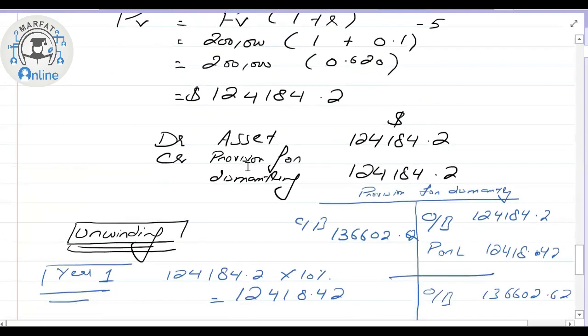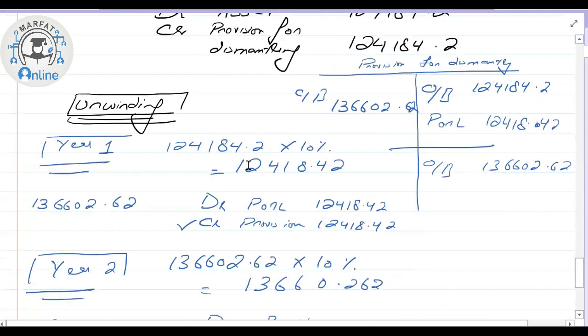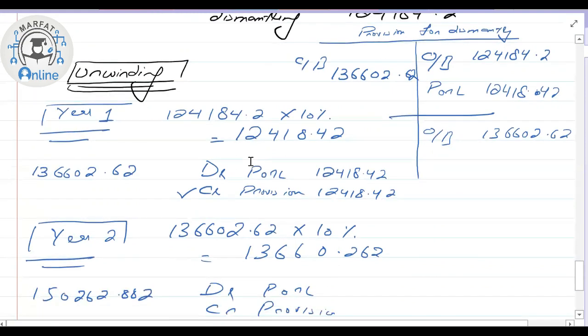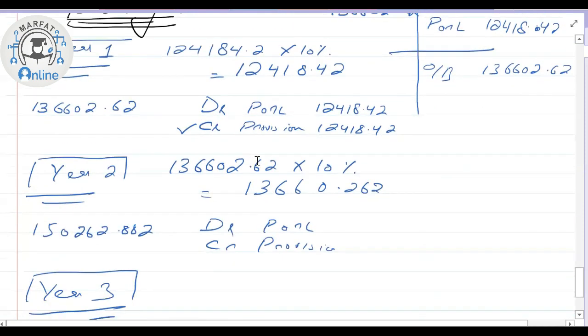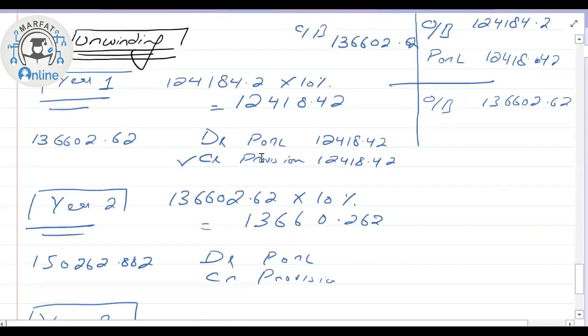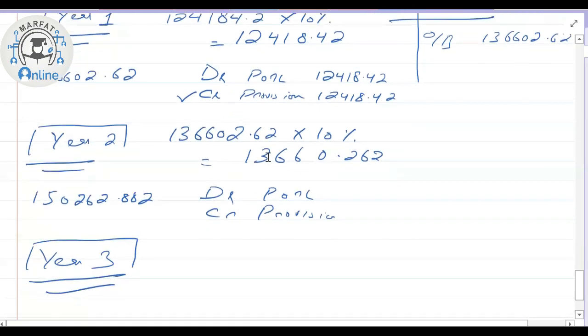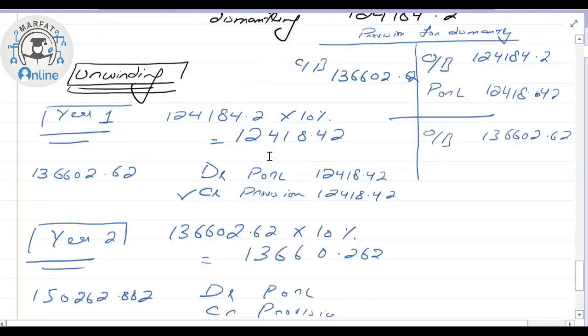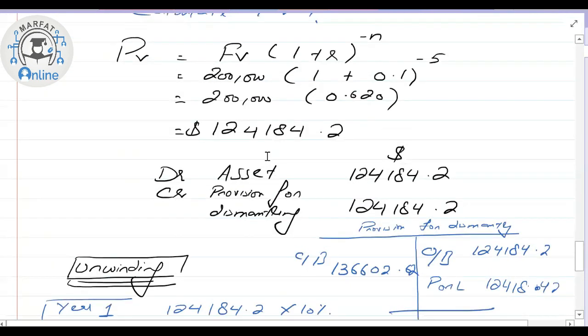We also record the provision, but we have to pay the full amount ultimately. So every year we systematically unwind this thing. That is known as unwinding. When we do the unwinding with the same interest rate through which we have discounted it, after 5 years it will reach the original amount of 200,000.